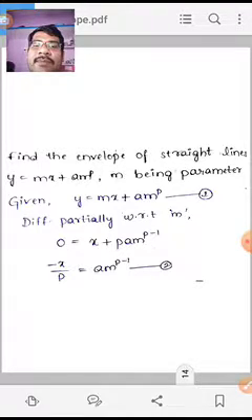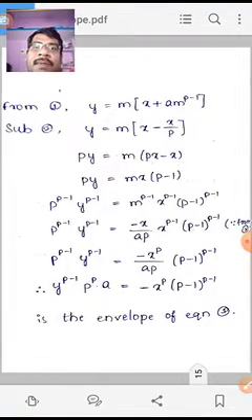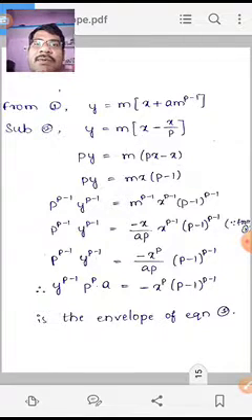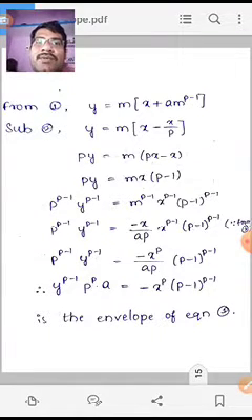Here that is equal to minus x by p is equal to a into m power p minus 1. Here from 1, y is equal to m times of x plus a m power p minus 1.